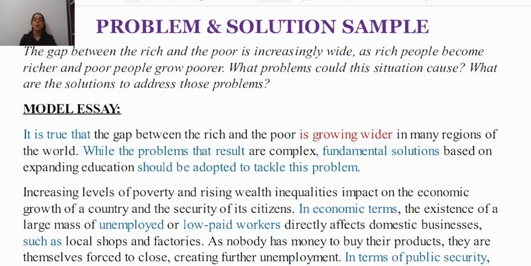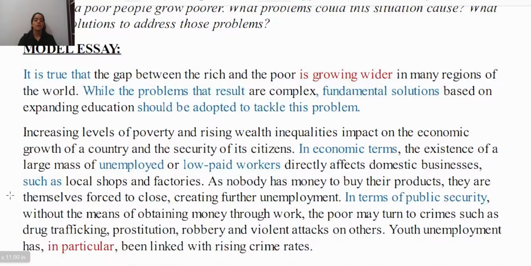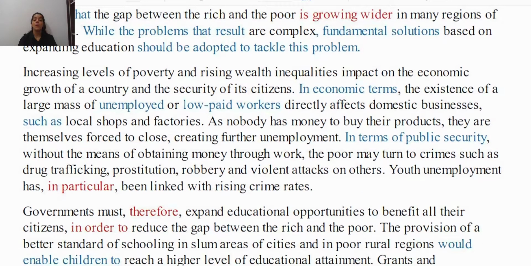Let's move on and talk about the next paragraph, which is our first body paragraph. Remember, there are 2 different styles that you can base your body paragraphs on. The first one is talking about the problems in body paragraph one and writing about the solutions in the second body paragraph.